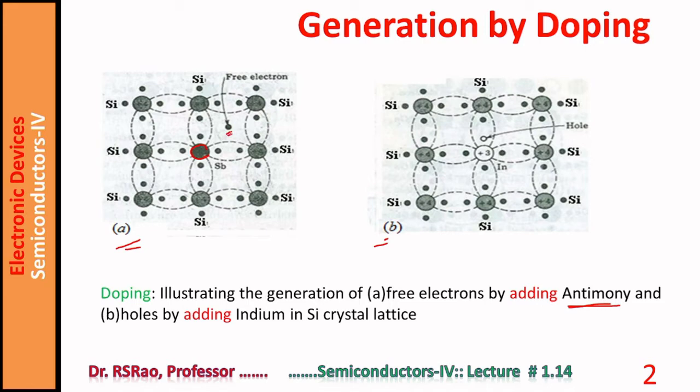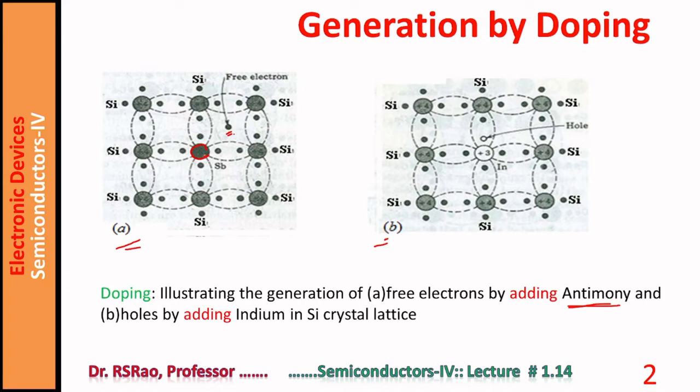As it is an outer orbital electron, it is loosely bound to the antimony atom. Because of this loose boundedness, very little energy is required to detach it from its parent atom. Once detached, it is almost free. Even while it is attached, it is almost free because it requires very little energy.